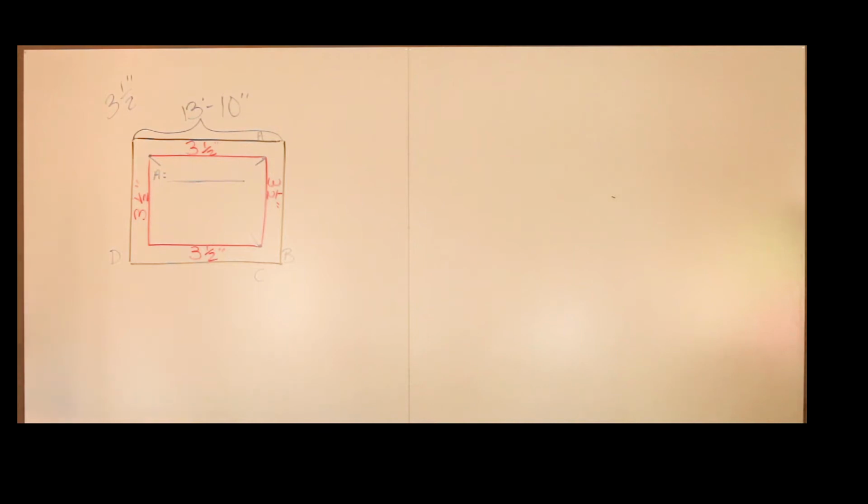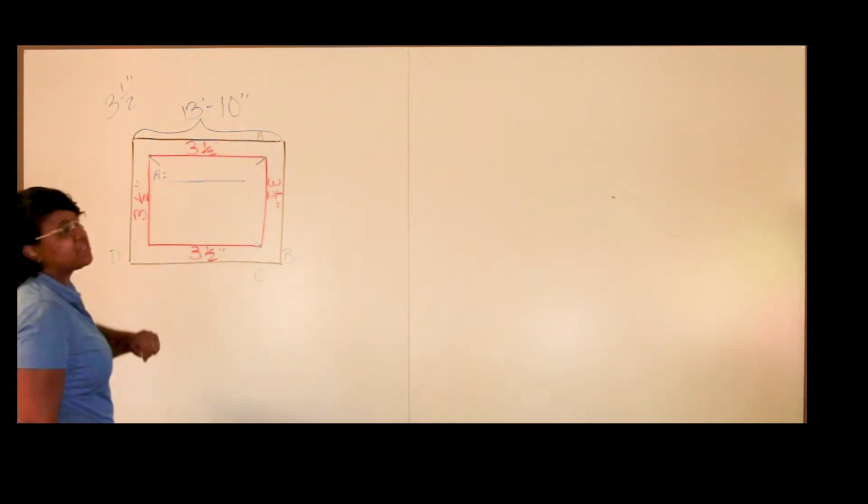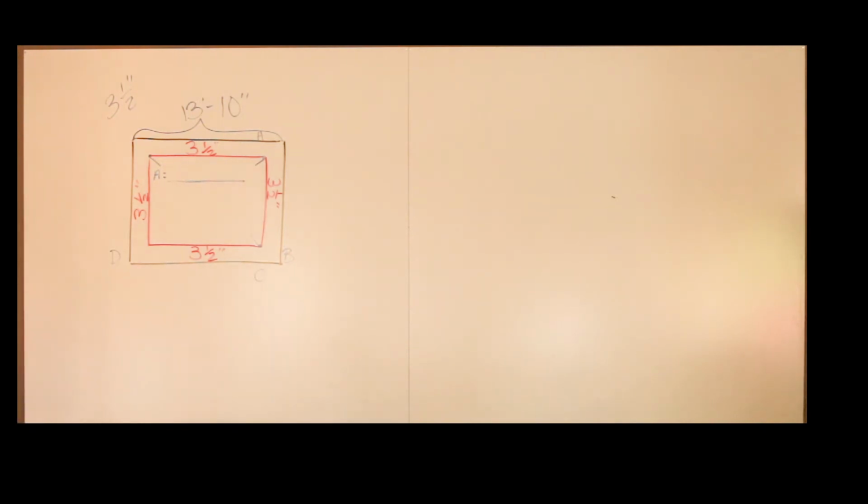When we are given a measurement and we need to find something shorter than what that measurement is, we would have to do what? If you're given a measurement and we need to find something shorter, we need to subtract.